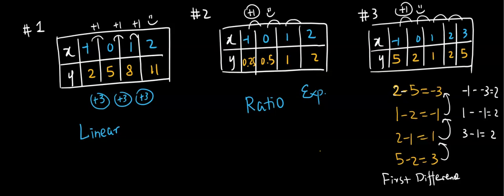We have 2. Although we did not get the same first difference, when we subtract the successive values of the first difference, we get the same second difference. So we're going to write down, second difference is the same.